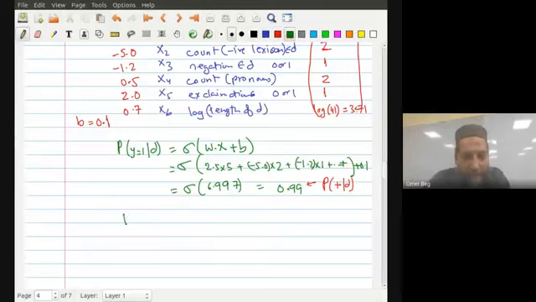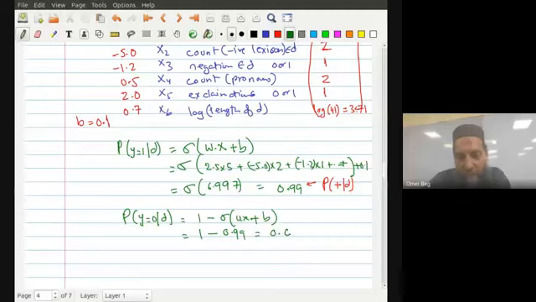On the other hand, the probability of this review belonging to the negative class would just be 1 minus the sigmoid of the same two vectors, dot product plus b. So that would be 1 minus 0.99, which is 0.01. So the probability of this review belonging to the negative class, if we just have two classes, is very, very small. Right? That's what this is saying.